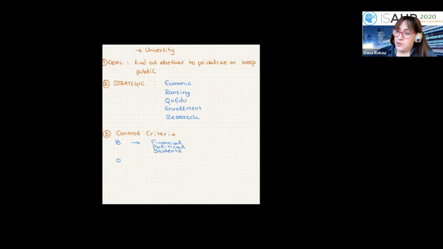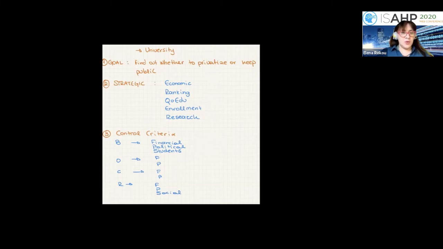Similarly, for the opportunities, I will have the financial and the political, and for costs, the same. While for risk, I think that I should put in also a social perspective.